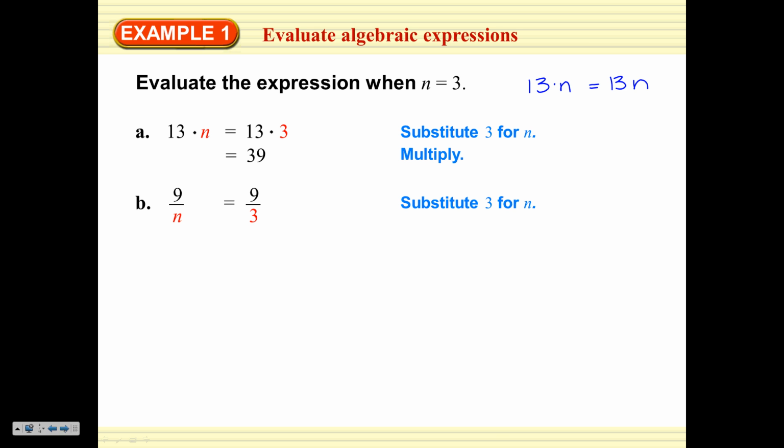And now we have 9 divided by 3, which is 3. Okay, pretty simple. All right, letter C, n minus 1. There's our expression. Substitute the 3 for the n, and we end up with 3 minus 1, and 3 minus 1 is 2. Okay, pretty easy, right?